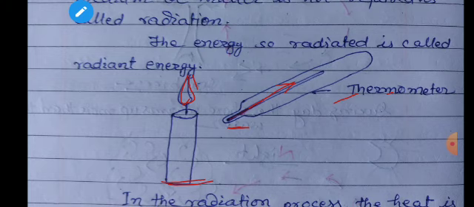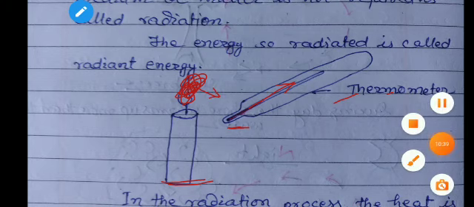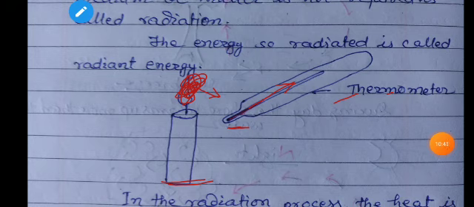It will increase. So how is it increasing? What is the reason behind it? If the candle is burning here, the heat from it cannot pass here by the method of conduction, because there is no connection or solid material, no solid body.